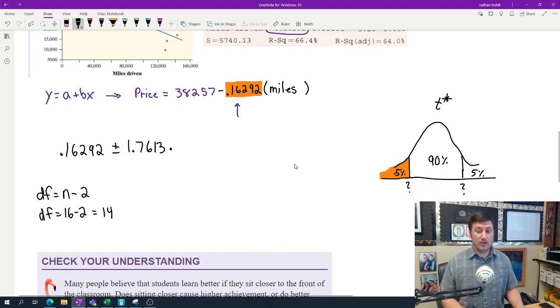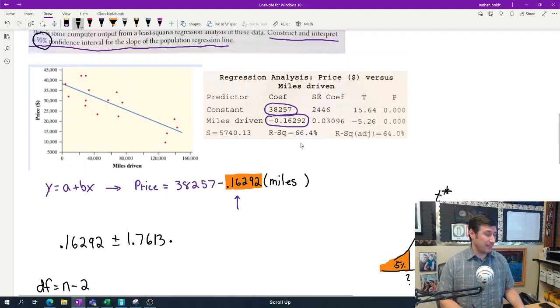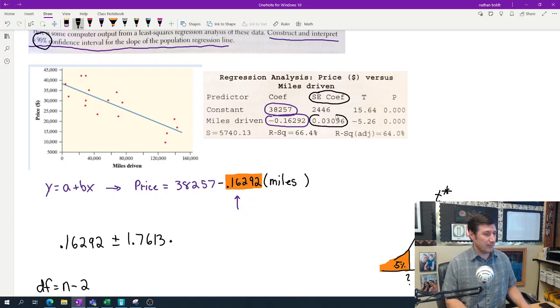What is that standard error, though? What is the standard deviation of the slope? There's an equation, all right? I'd rather not, because most of the time, I think all the time, either your calculator will give it to you or they will give it to you right here. Here is the standard error of the slope, which is right here.